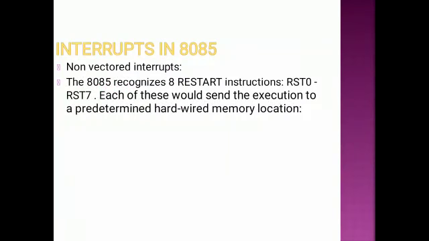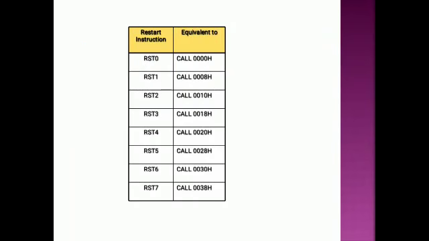Interrupts in 8085, non-vectored interrupts. The 8085 recognizes 8 restart instructions from RST 0 to RST 7. Each of these would send the execution to a predetermined hardwired memory location.